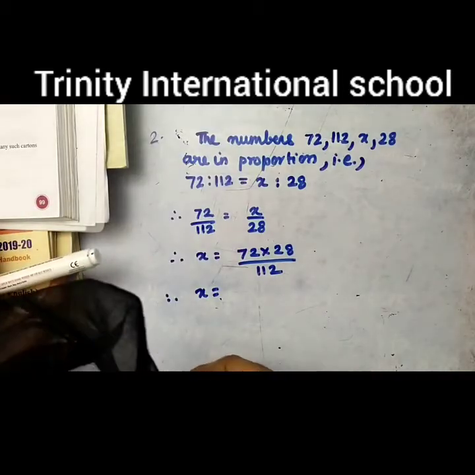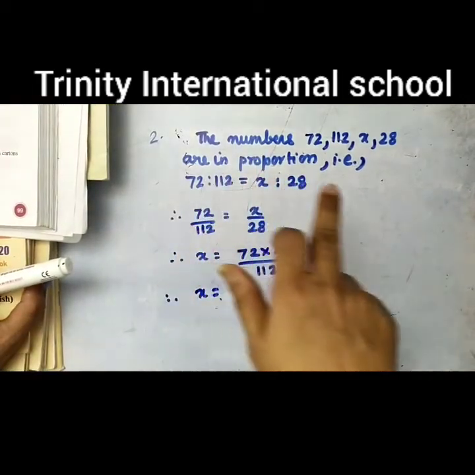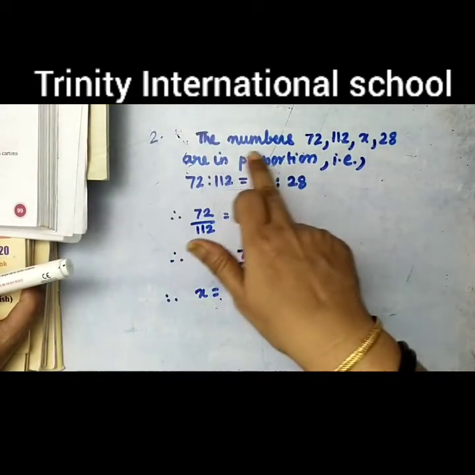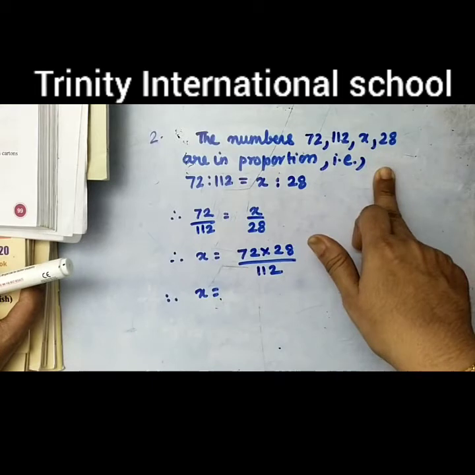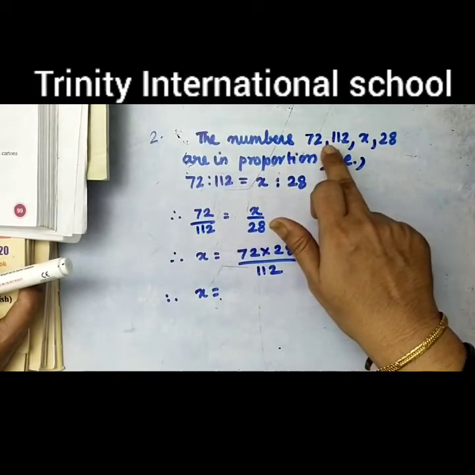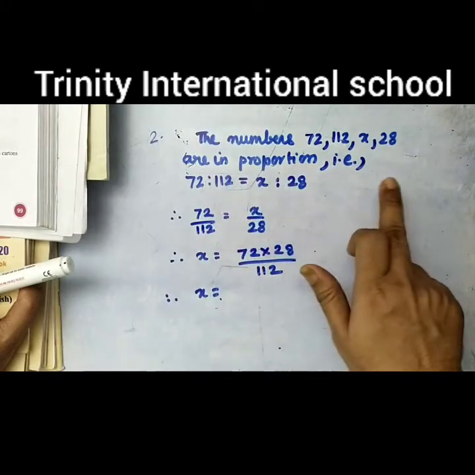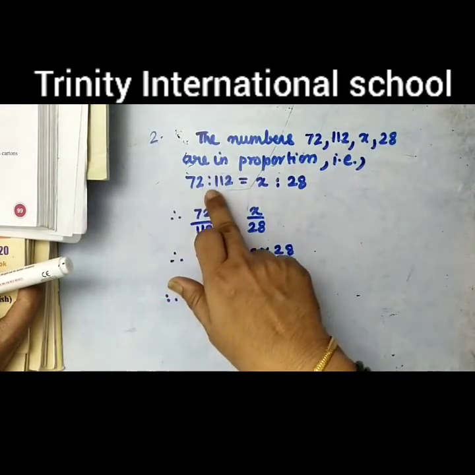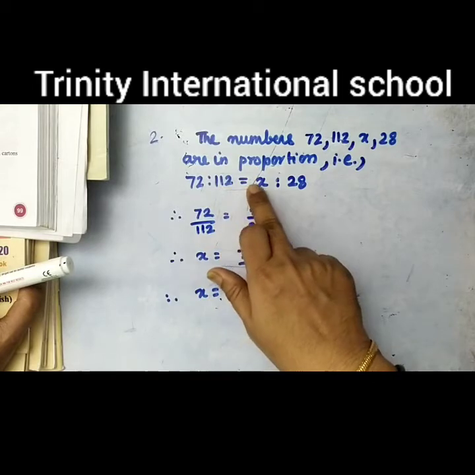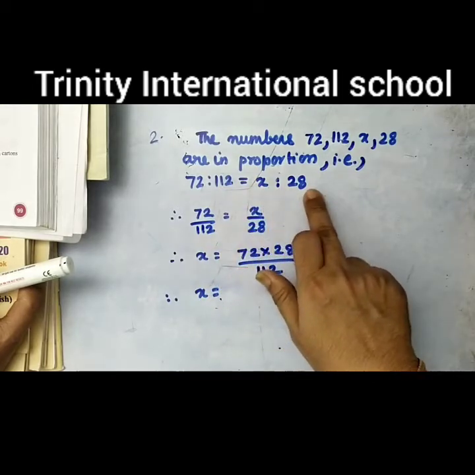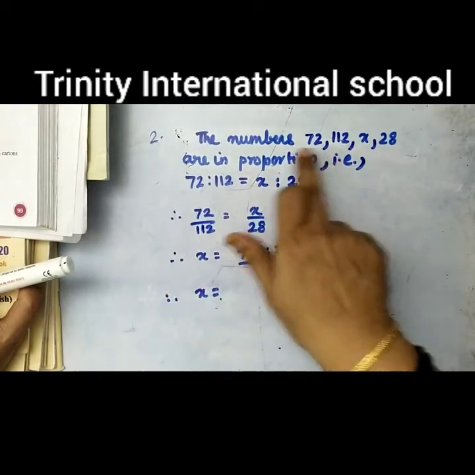Now see students, we have written whatever is given to you in this question. So numbers 72, 112, x, 28 are in proportion. That is 72 is to 112 is equal to x is to 28. So you have this question, isn't it?